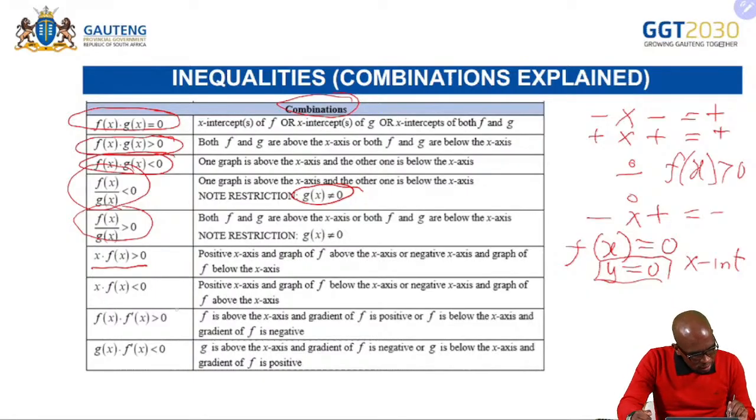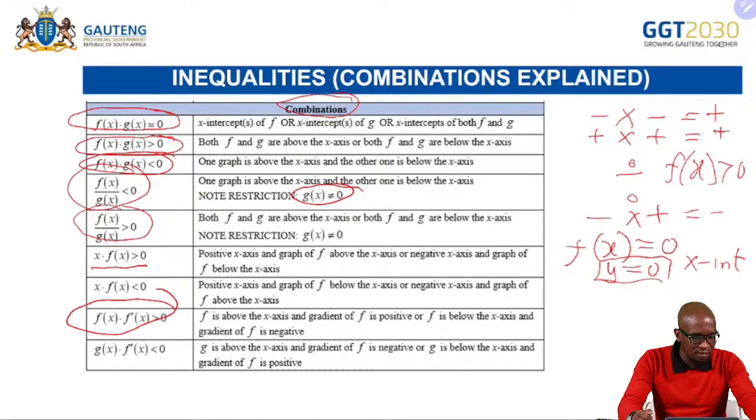You can move on to derivatives now that you've done calculus. We have f of x times f dash x is greater than 0. Here we are looking at the region where the graph of f and its derivative, or the gradient, are positive, where both of them are positive or where both of them are negative.